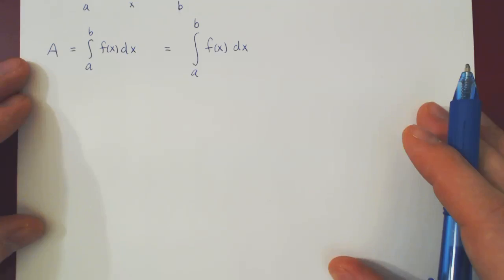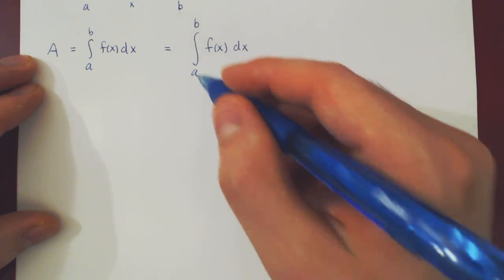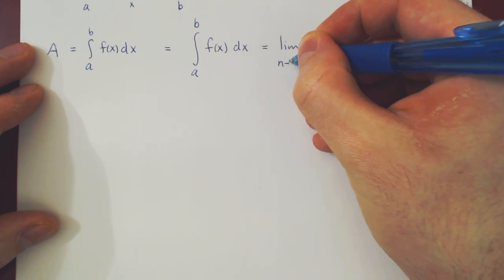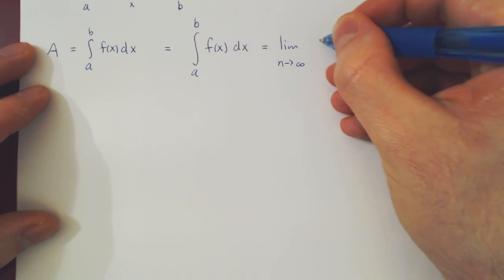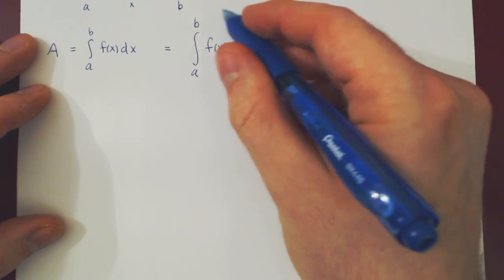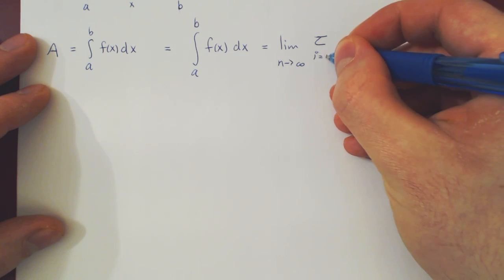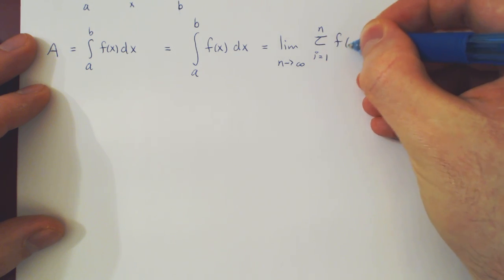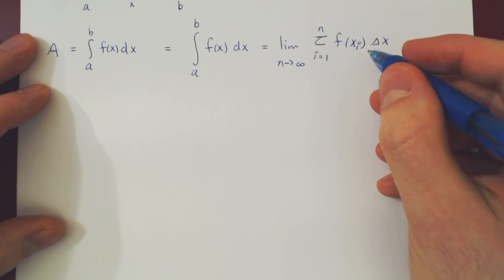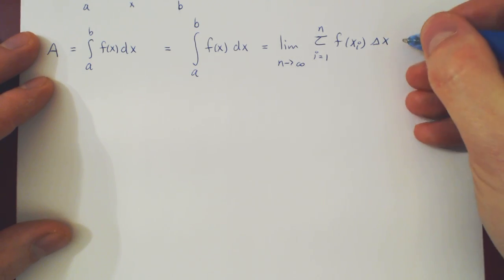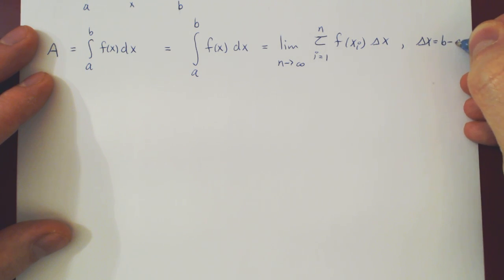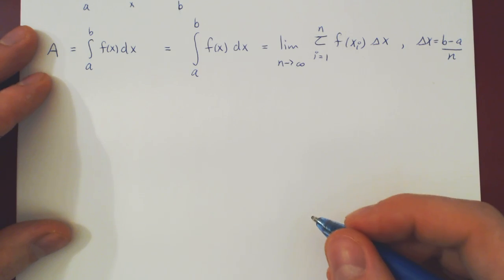So here are the properties, and because the definite integral is the limit of the Riemann sum, whatever properties limits and summations do possess, the definite integral will have the same properties. Just remember that delta x is (b minus a) over n. This will be important for one property.